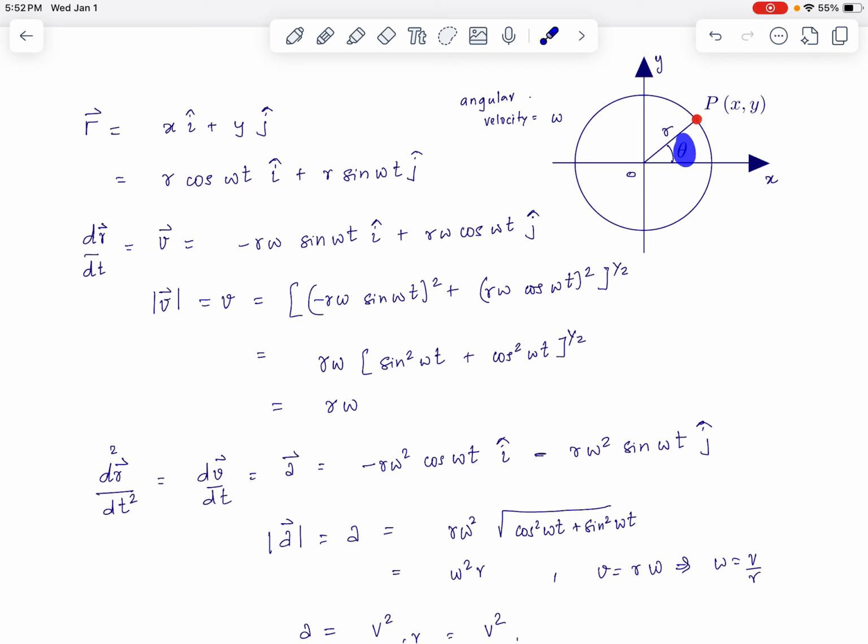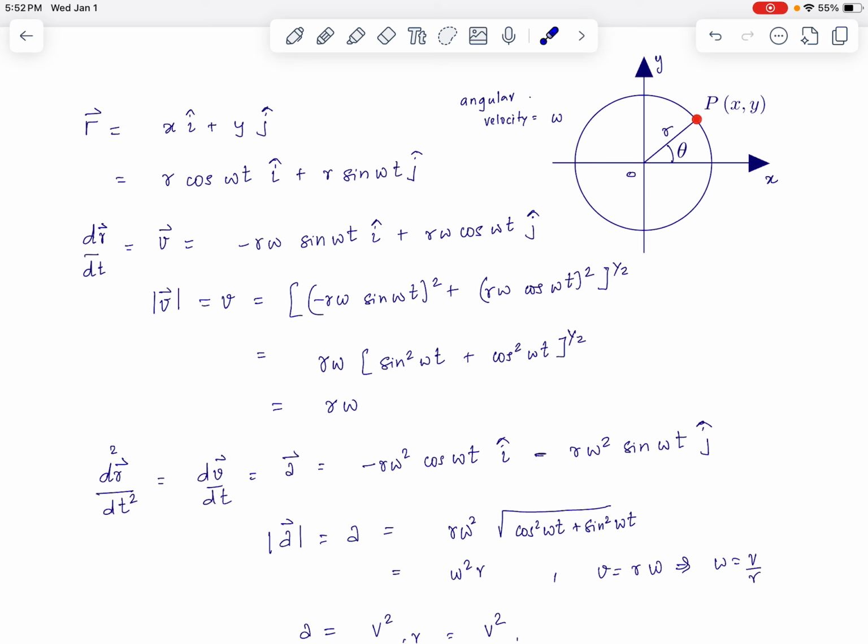This particle moves in a circle of radius r with a constant angular velocity omega. So we can write the position vector r as x times the unit vector along the x direction plus y times the unit vector along the y direction.